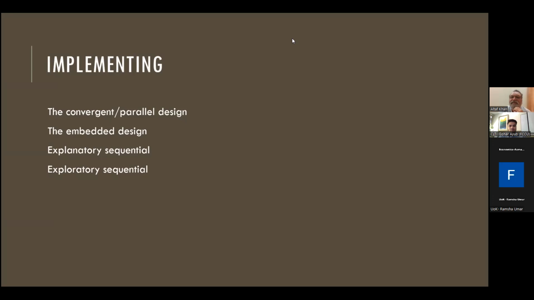Explanatory, yes, the explanatory one is where you use the quantitative one first. By the very nomenclature, explanatory sequential is where you have your quantitative instruments used first, and then the qualitative one explains it.